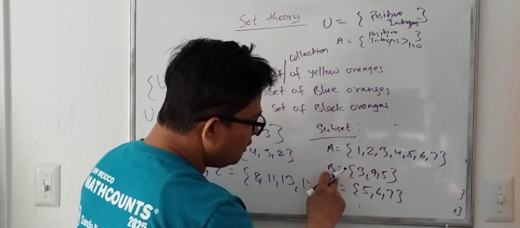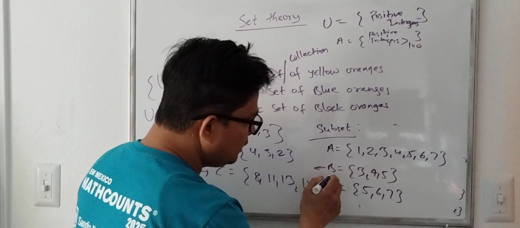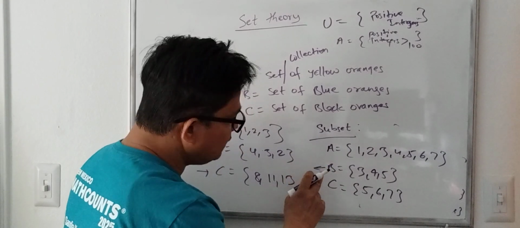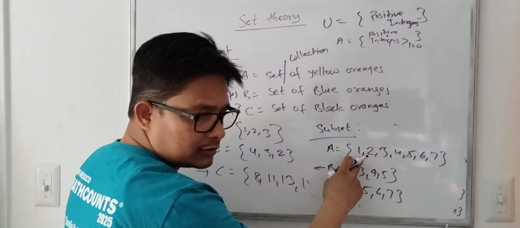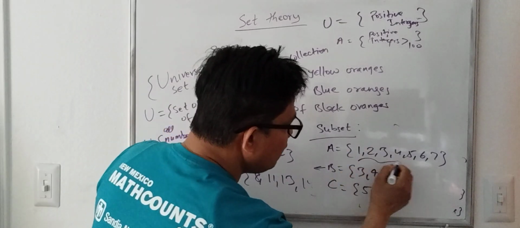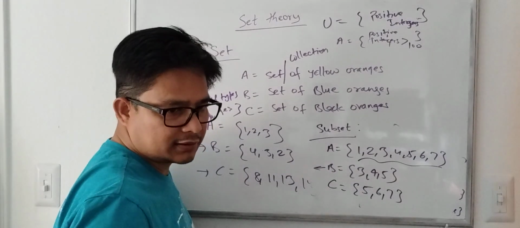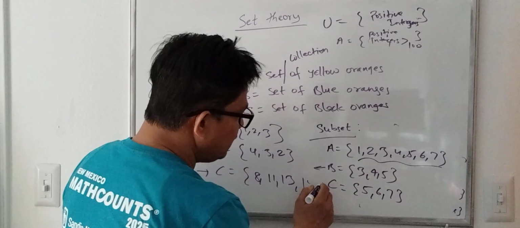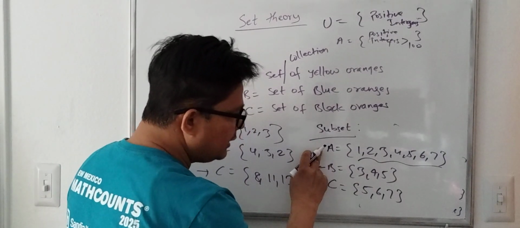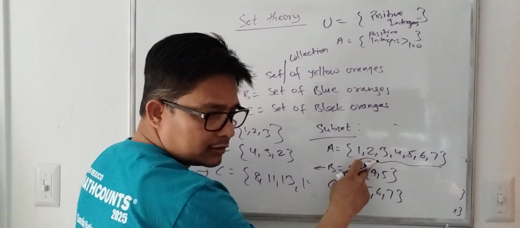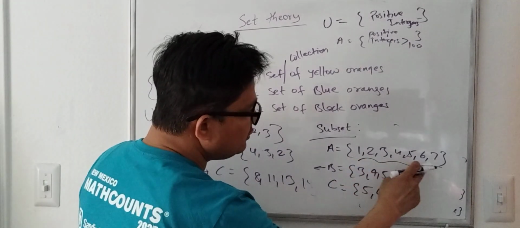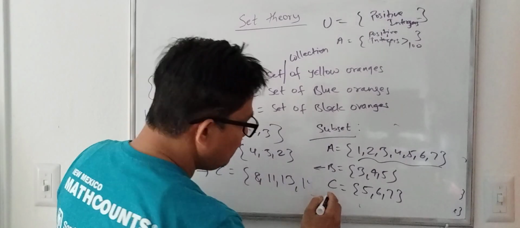If B is a subset, then all the elements of B will be from this bigger set. Similarly, if C is a subset of A, then all the elements of C will be from the elements of A. Okay? Now tell me this thing.